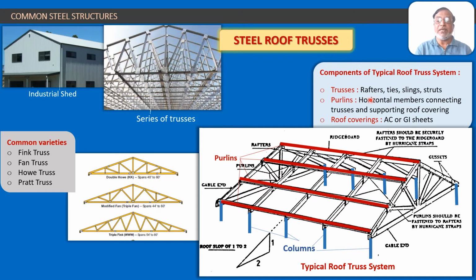So trusses are made up of rafters, ties, slings and struts. For any geometry you will get all these 4 components of a single truss. In this way we come across the roof truss system as an application in the industrial shed.